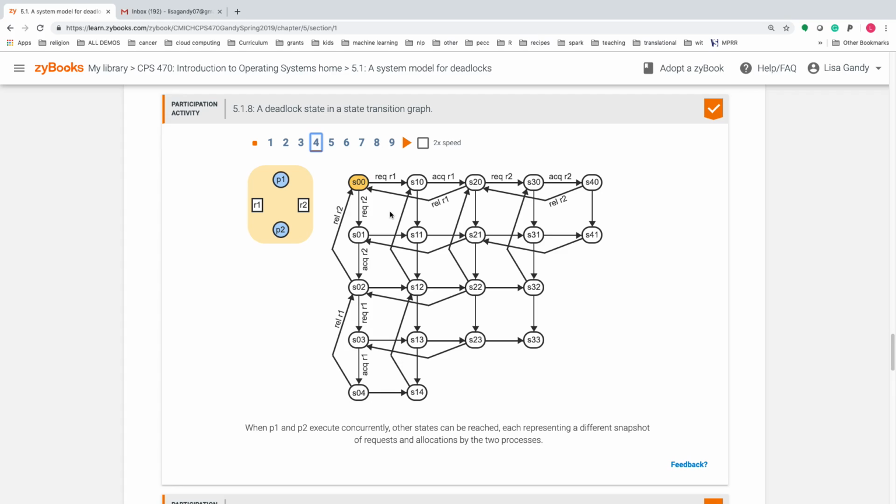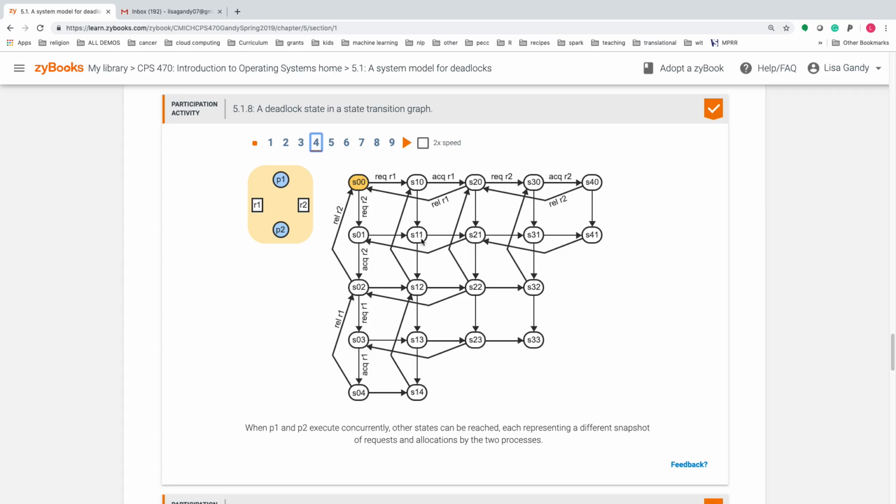So here, this is saying that we're in this state when P1 has requested R1, because we've got this, and when P2 has requested R2. Is this state a deadlock state?